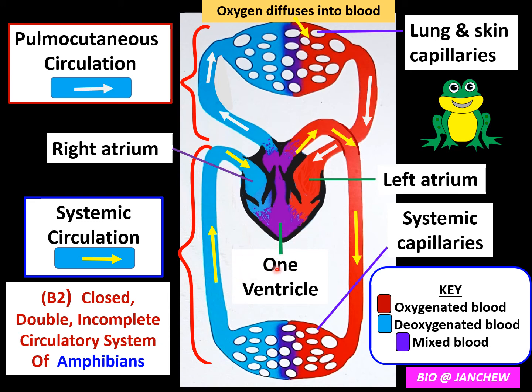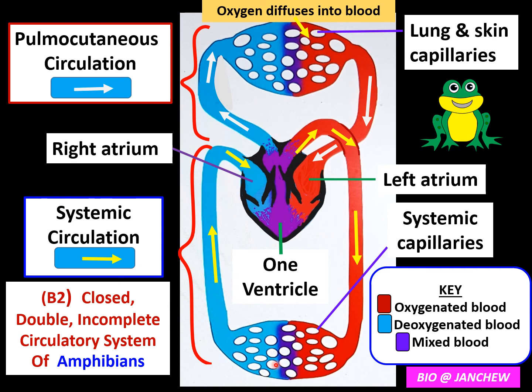So because of the one single ventricle, the oxygenated blood will mix with the deoxygenated blood in the one ventricle. Now, what's the weakness of this system? Well, if there's an incomplete circulatory system, it means that the deoxygenated blood will mix with the oxygenated blood that is transported to the cells.